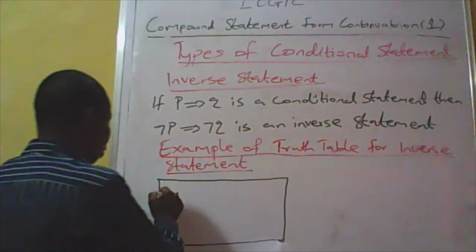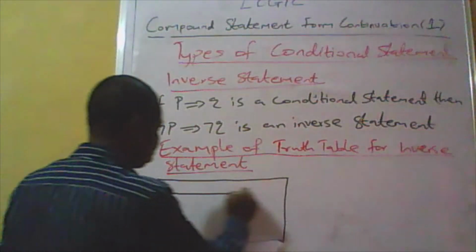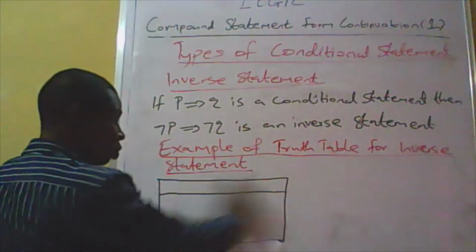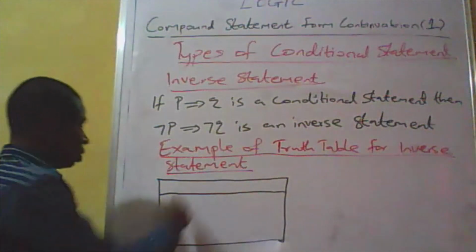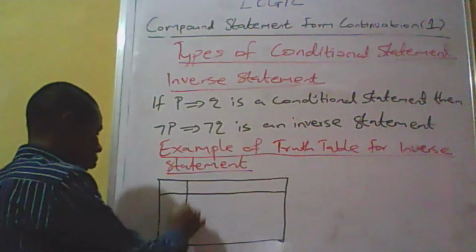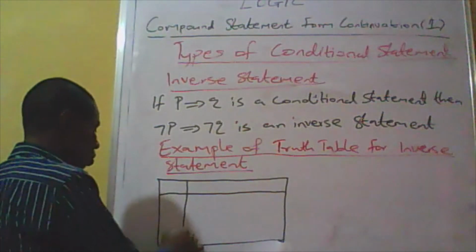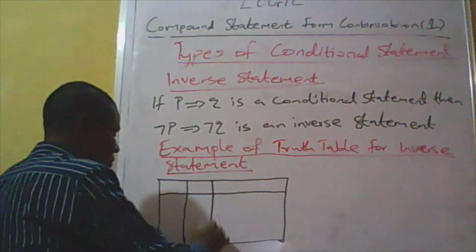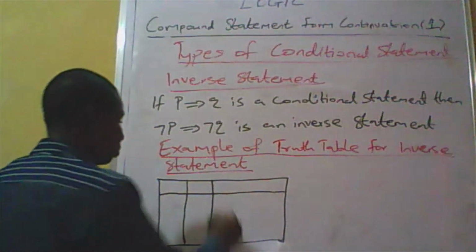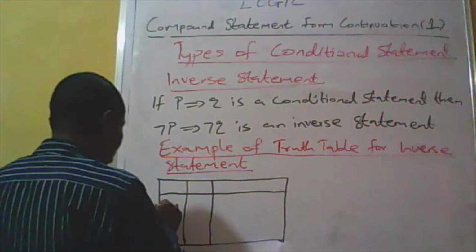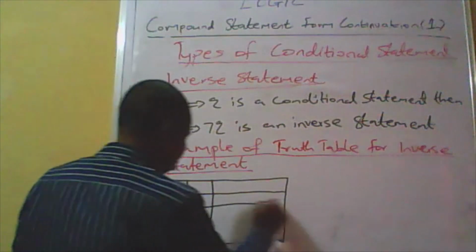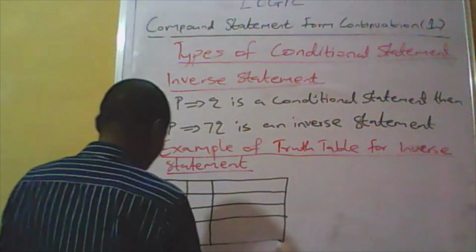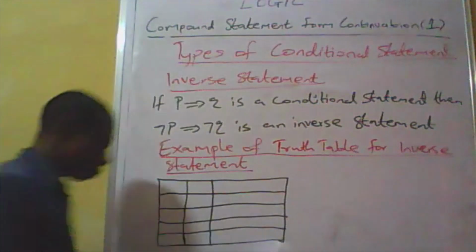We have our first row that contains our statements. Then we have columns. The initial columns contain our simple statements, then followed by the proper statement. Then second, we have first row, second row, third row.